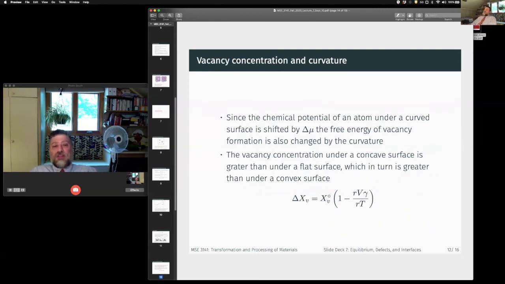Since the chemical potential of an atom under the curved surface is also changed, that means the free energy for vacancy formation also changes. The analysis is not super straightforward, so we're not going to talk about it, but here's the final result.